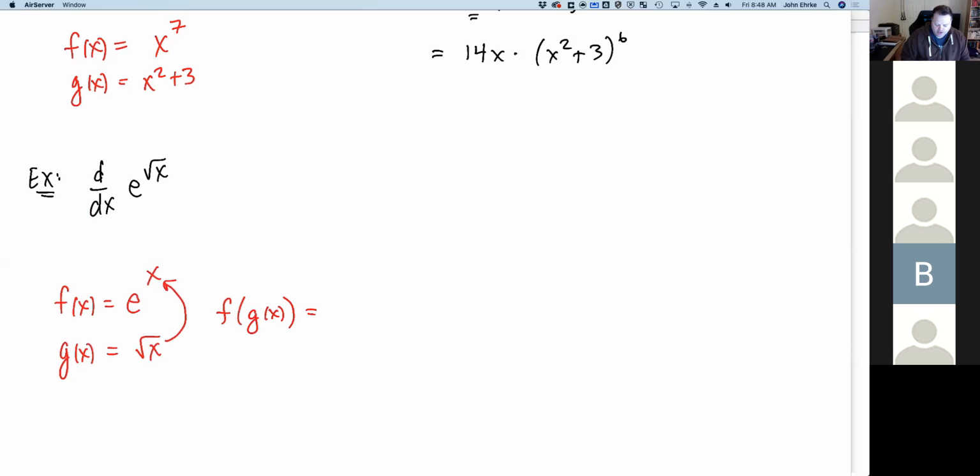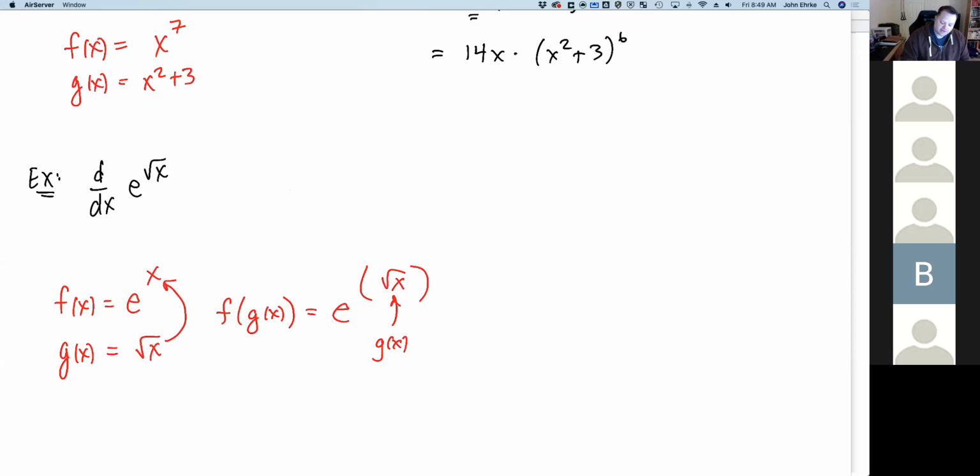So that would be f, plug in g, and g is the square root function. So this is how e to the square root of x is made. It has an outer shell and an inner shell, or outer function and an inner function.